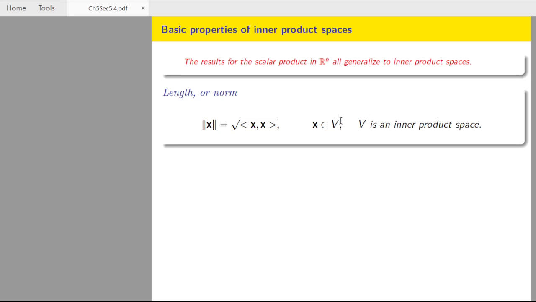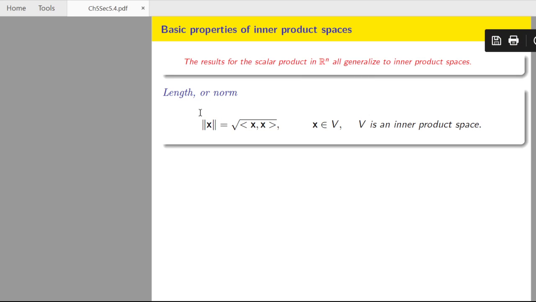Now we already have the inner product, so in this case, we can define the norm.